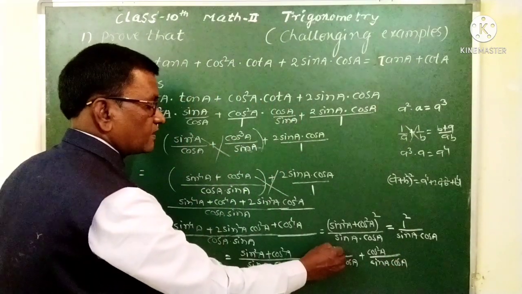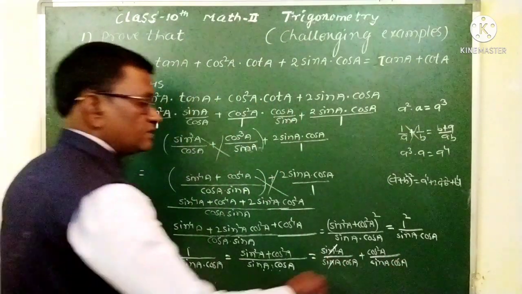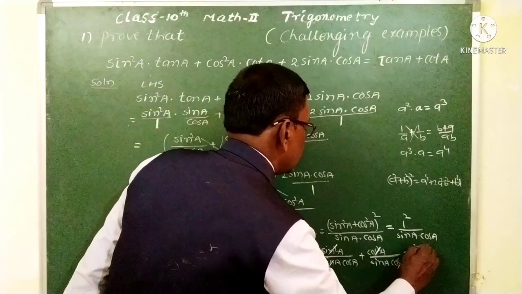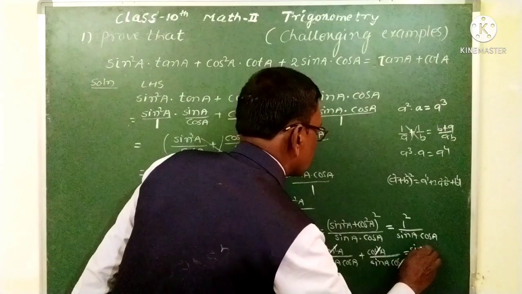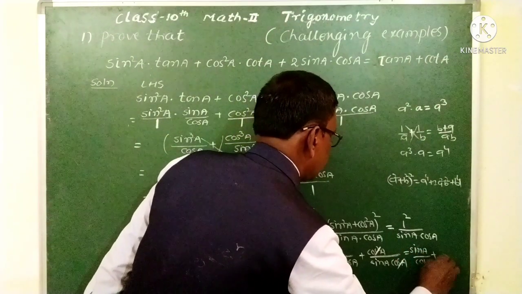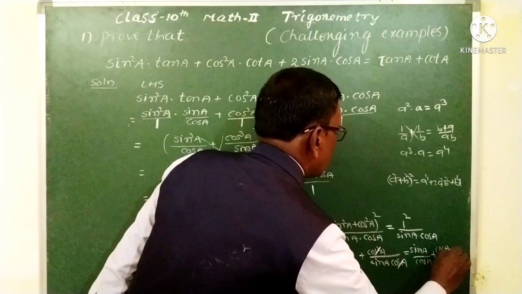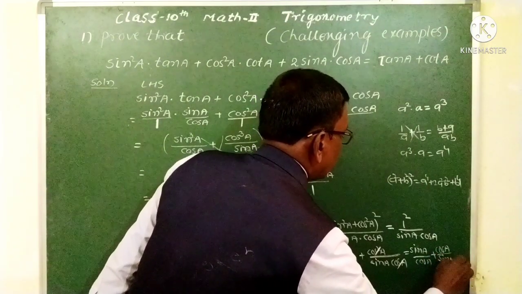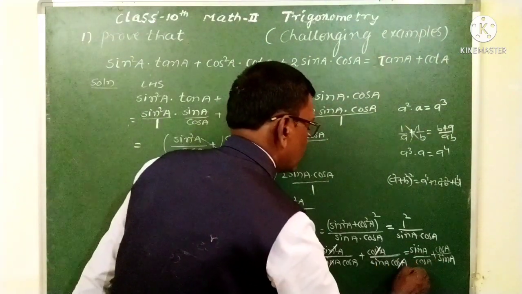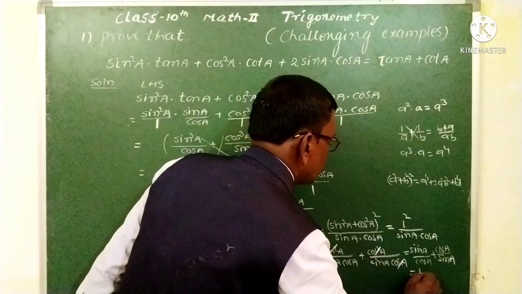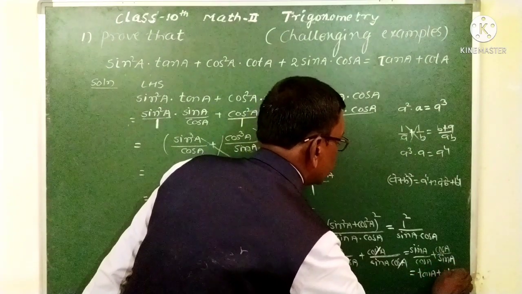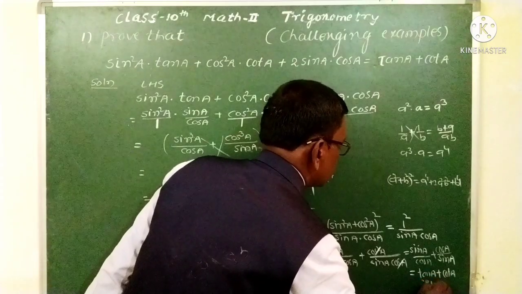This sin cancels with this sin, this cos cancels with this cos. So here is sin A upon cos A and here is cos A upon sin A, and we know the formula sin A upon cos A is equal to tan A and cos A upon sin A is equal to cot A. It means RHS.